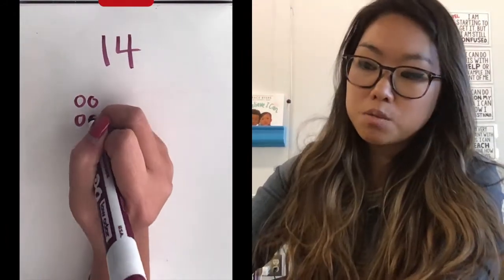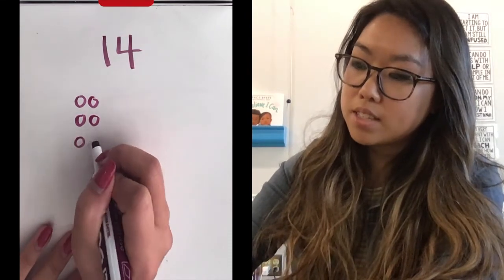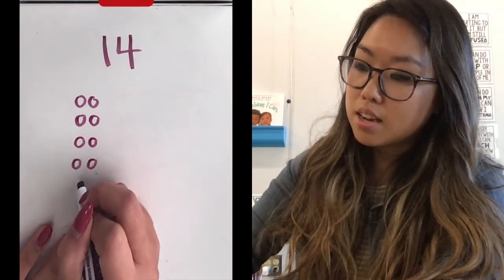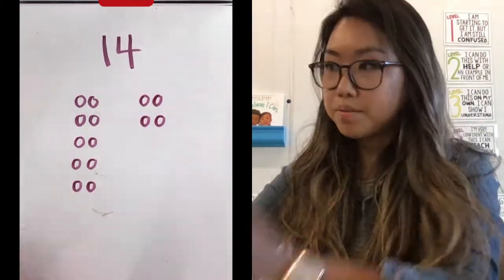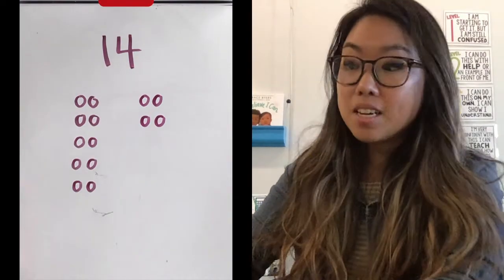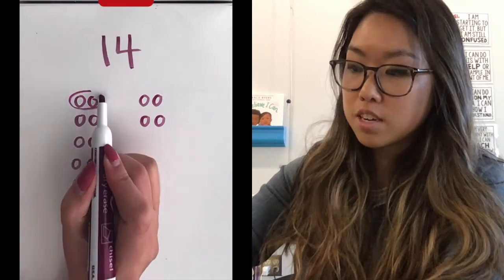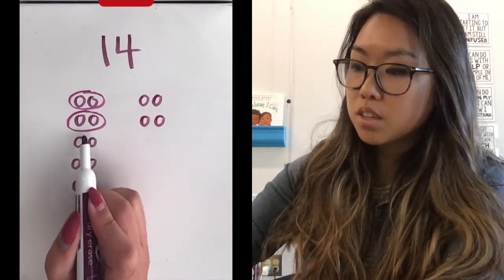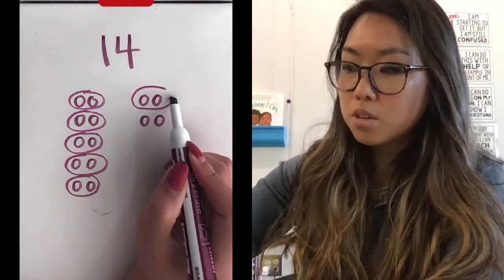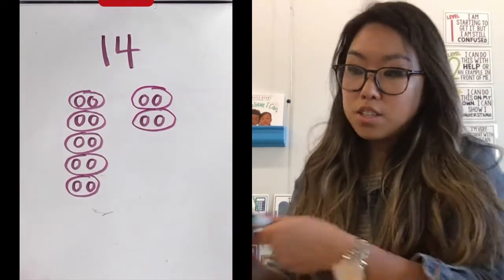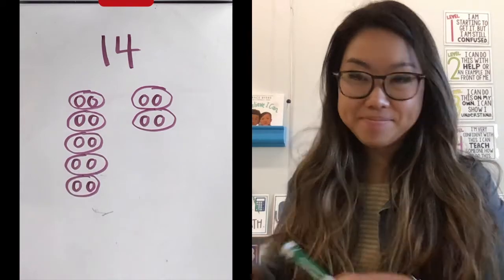So I can draw partners 1, 2, 3, 4, 5, 6, 7, 8, 9, 10, 11, 12, 13, 14. You can see, because I drew them, you can see the partners. So I could draw a circle around the partners. If there's any one that doesn't have a partner, it won't have a circle or a partner in the circle. You can see everyone has a partner. So that means this number is even.